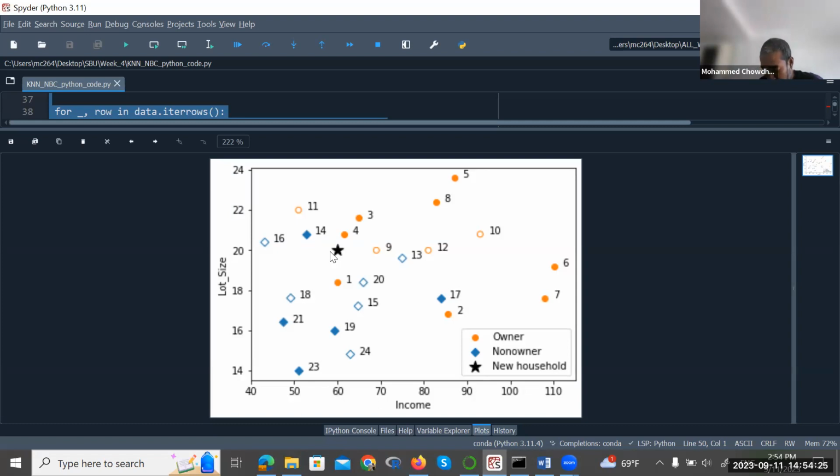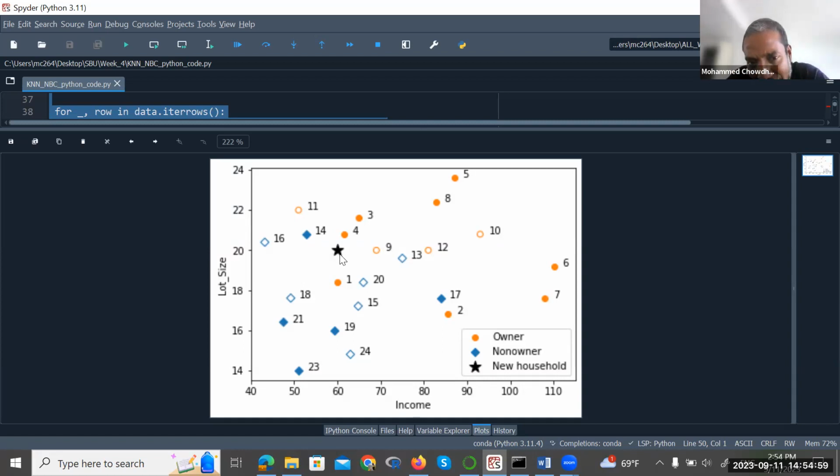So the solid diamond and solid circle are the training. Solid ones are the training, and then hollow ones are for the test, or validations.